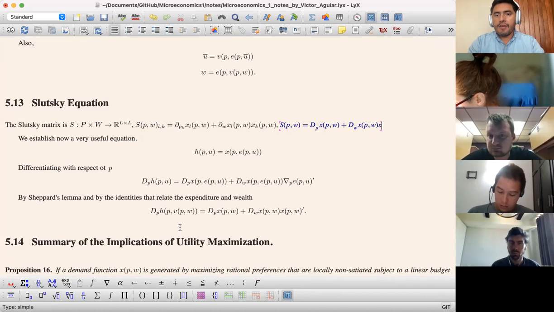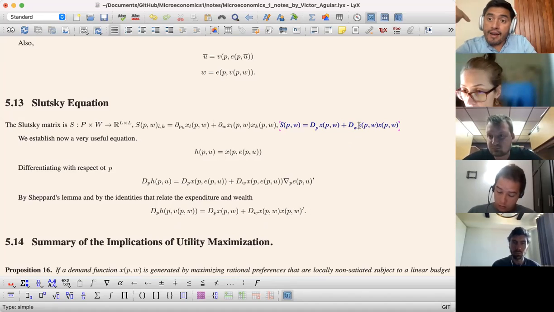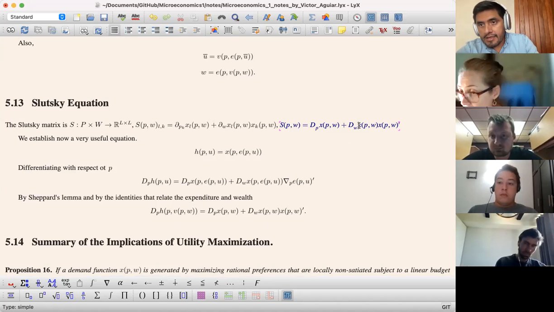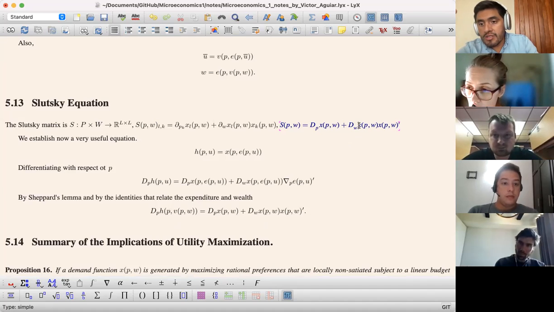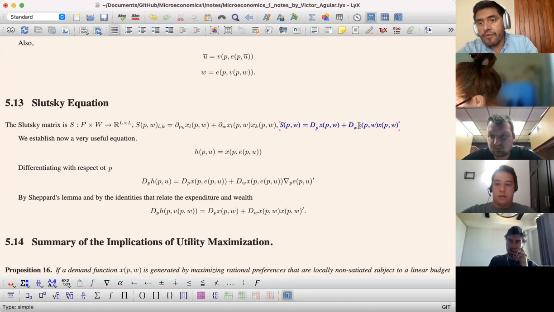And then I'm going to have here x(p,w) transpose. So it's an outer product, right? Because the demand is a vector and it's with respect to a scalar object, this is of size L times 1, and the quantity is of course L times 1. So this is called an outer product as opposed to the inner product. So this is going to produce a matrix of L times L, right?